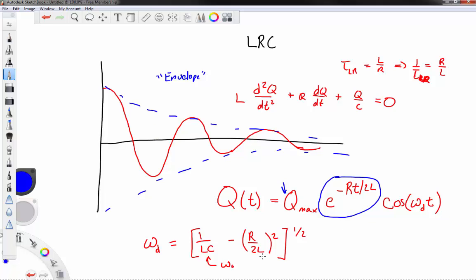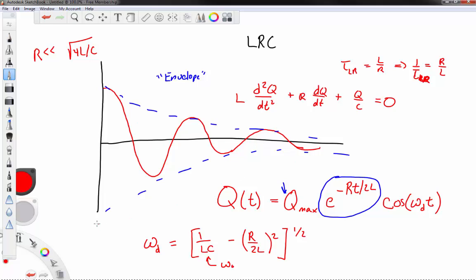So for critically damped versus underdamped, it works out that if you have a resistance R much less than the square root of 4L over C, then this term here is much smaller than this one, and so you'll get oscillations like this.